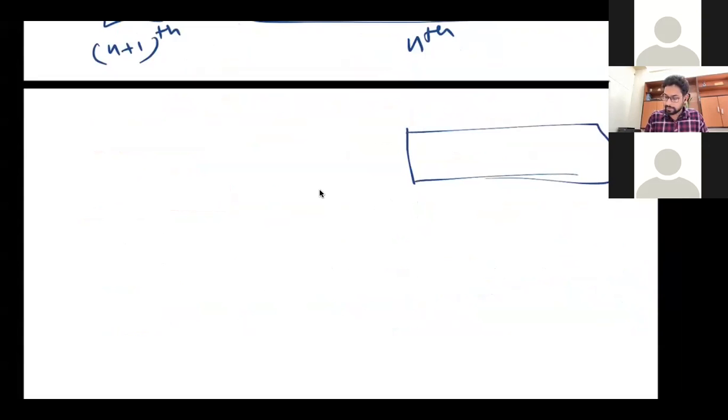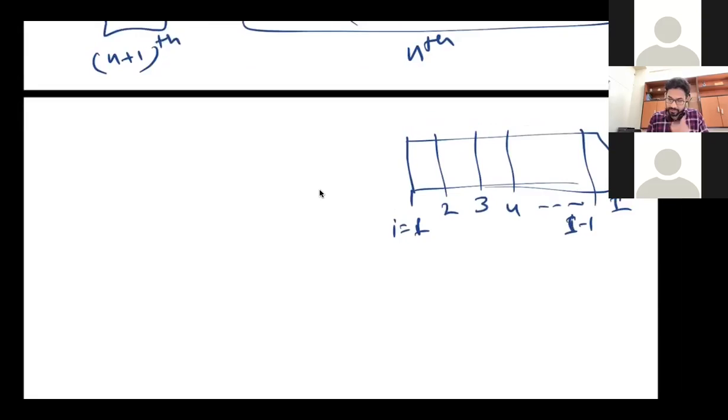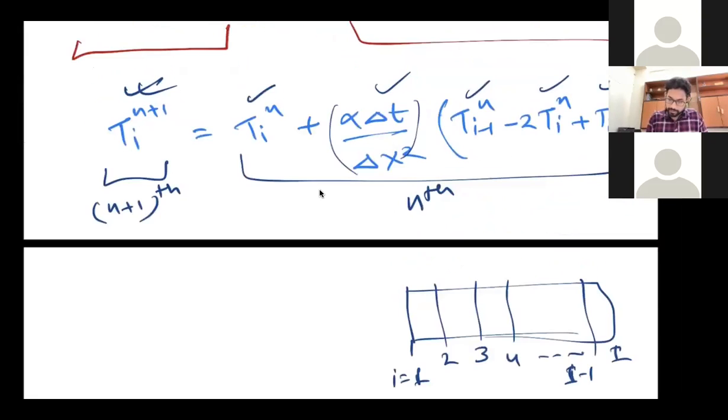As we saw, this is I equal to 1, this is 2, this is 3, this is 4, and it goes up to capital I minus 1, and the last one is capital I. This thing works very well for I equal to 2, 3, 4, etc. Why?